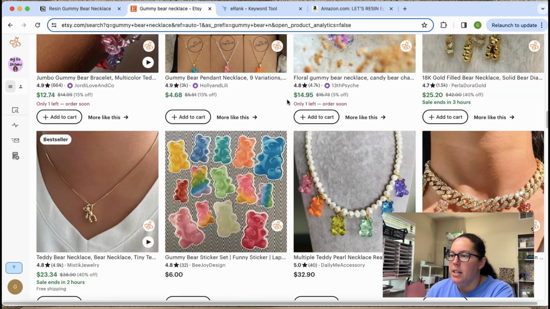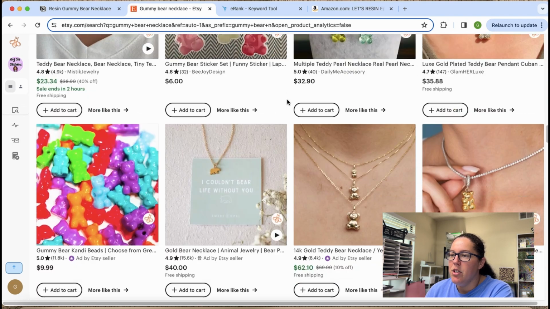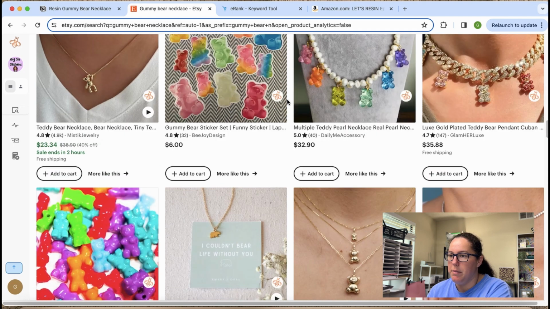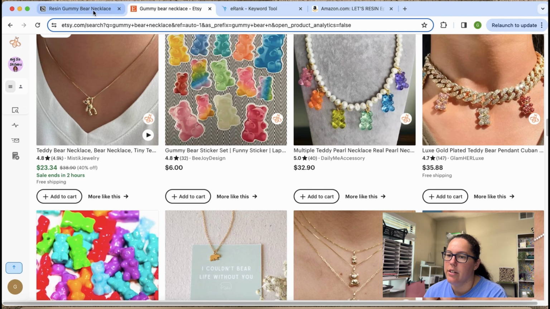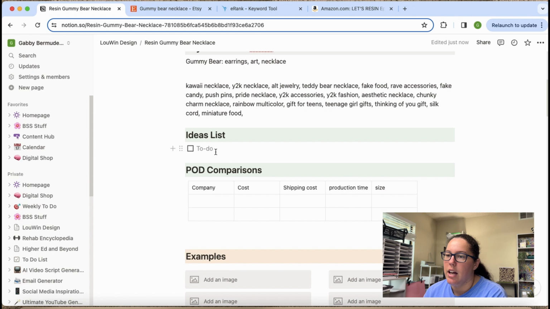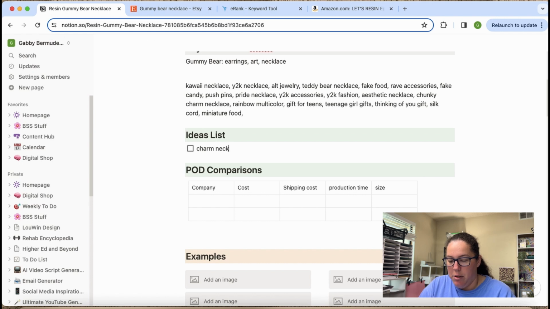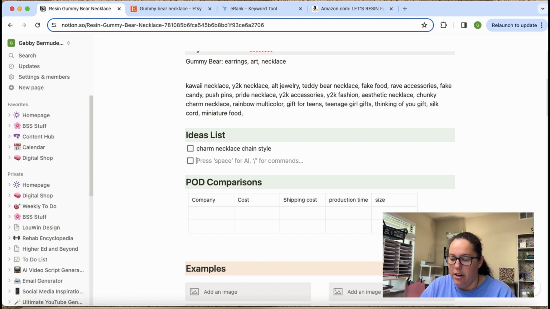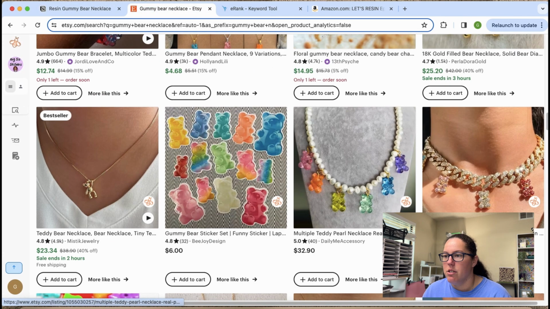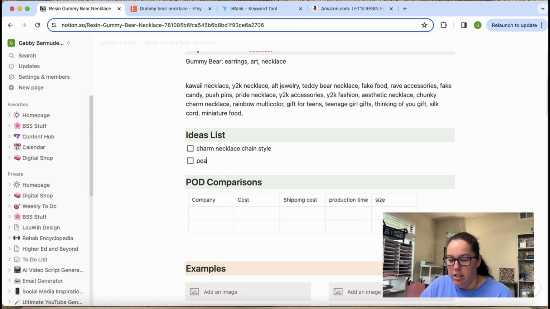That's kind of what I'm looking at. And I'm just starting out, so I'm just looking for simple stuff, but this is also ideas for later too, and that's another section that I have, an ideas list, so I can do like a charm necklace chain style. I'll kind of understand what I mean there. That pearl necklace, that's really cute too. That'd be a good version.